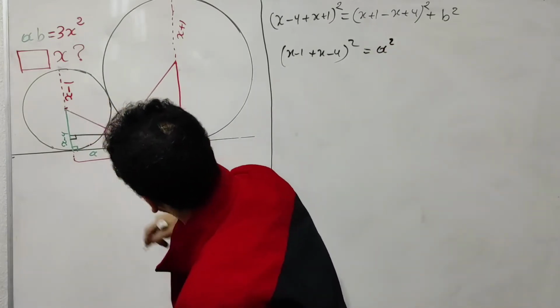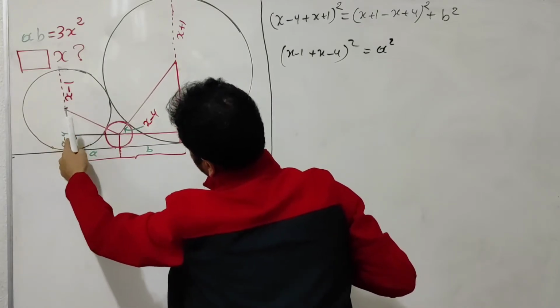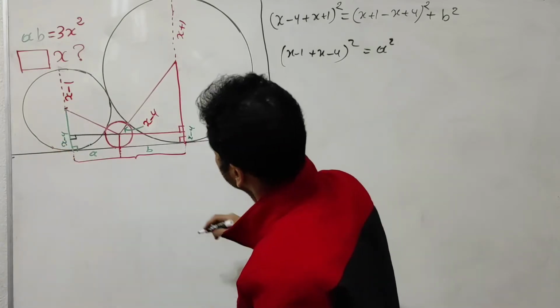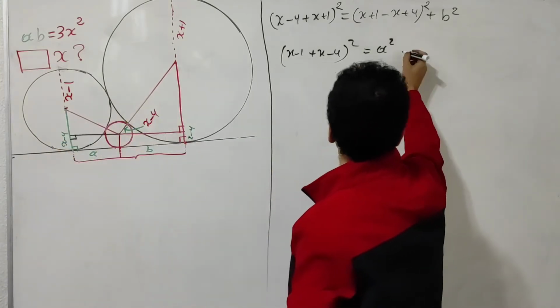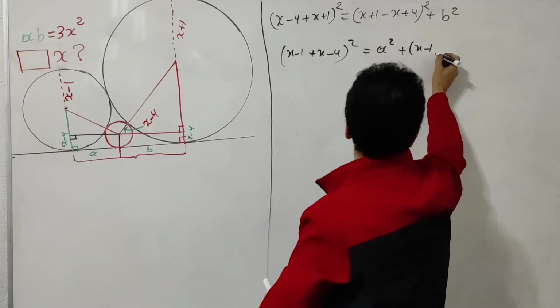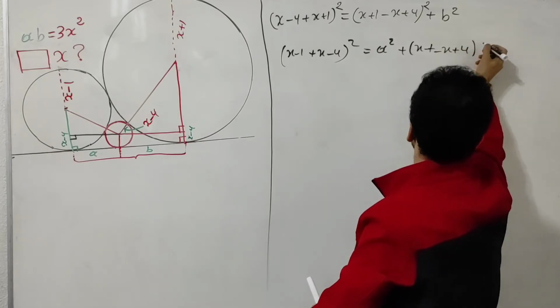This distance is the radius of the middle circle minus the radius of the small circle, so we get x minus 1 minus x, with this minus becoming plus 4, squared.